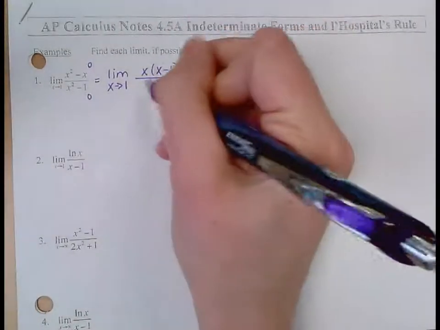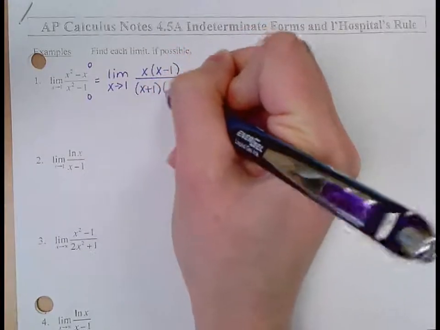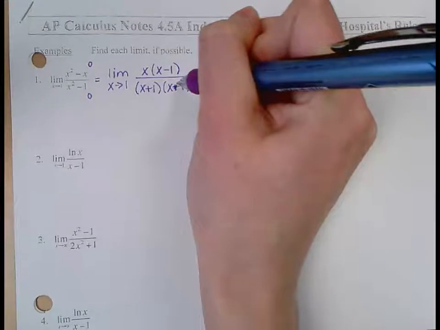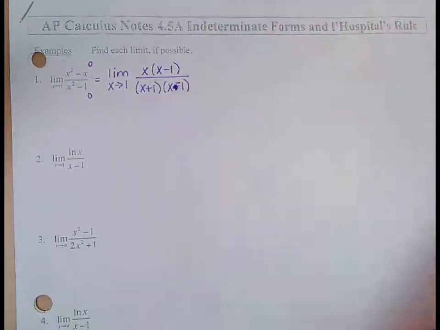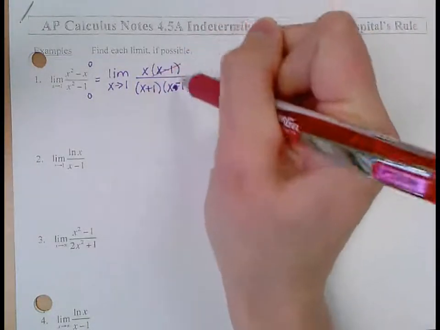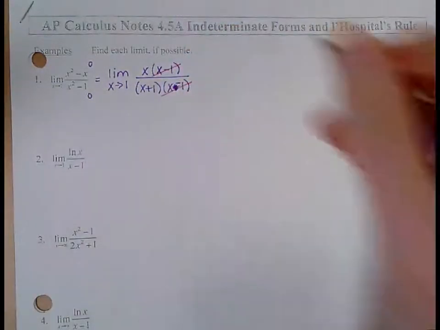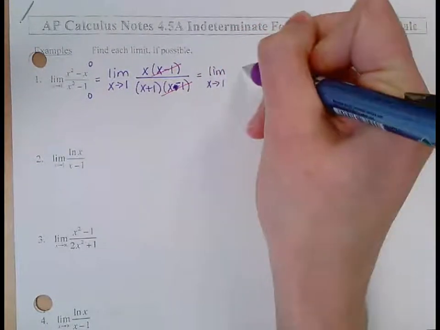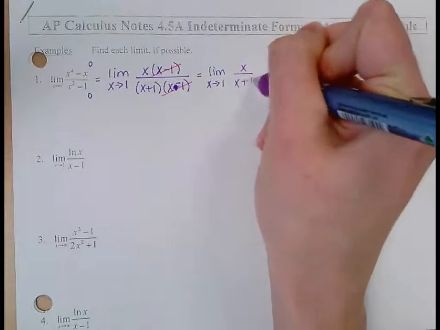x plus 1. Yeah, difference of squares, factors to x plus, oh, one of these is minus, sorry. One of those is x minus 1. So then the factor of x minus 1 cancels out. So you just have the limit as x approaches 1 of x over x plus 1.